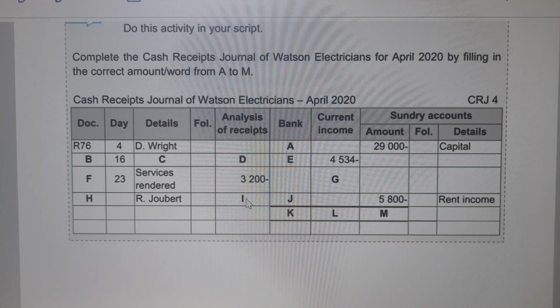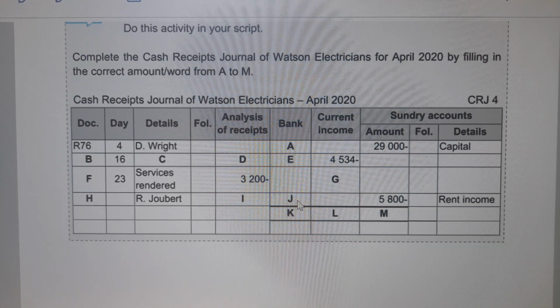And analysis of receipt, we don't know, but we know that 5,800 rand for rent came through the sundry account. So the analysis of receipt will be 5,800 rand, and the bank will be 5,800 rand, and that will be the rental income.